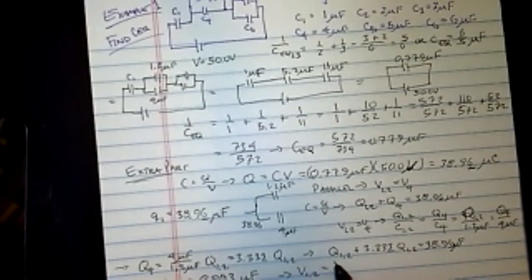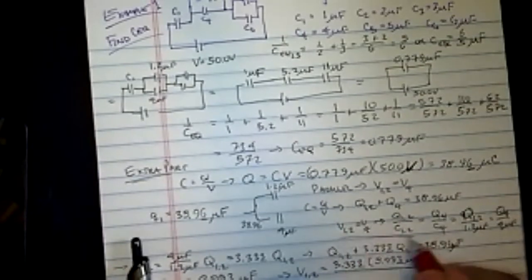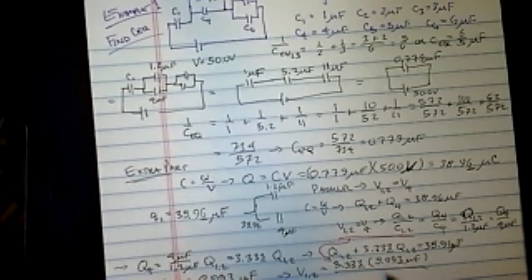That's going to be 3.333 times Q12, which we found was 8.993 microfarads. So what I'm using is this expression right here to find that voltage. Now I got to divide that by 4 microfarads.